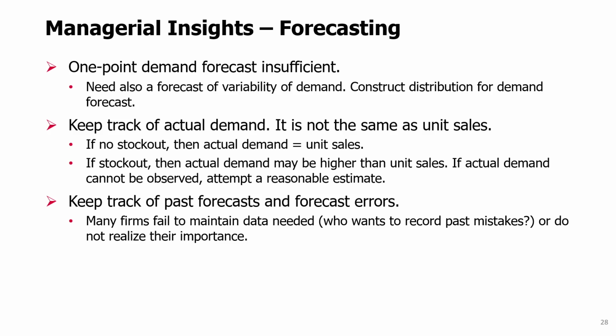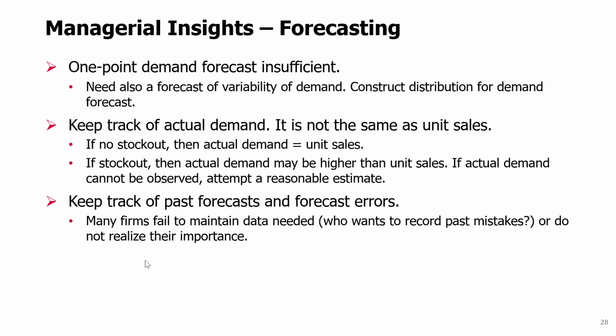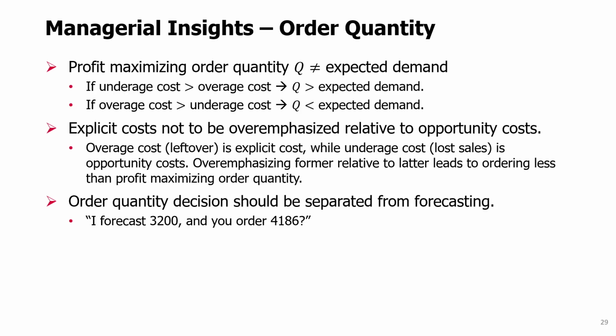But it's very important because this is the only way we can learn about the quality of our forecasting method, and we can then benefit from it by building new distribution functions for demand forecasts in the future. And of course, one should always work on improving forecasting, but if you're using the same method, at least collect data so that you can use information about the quality of the forecast.